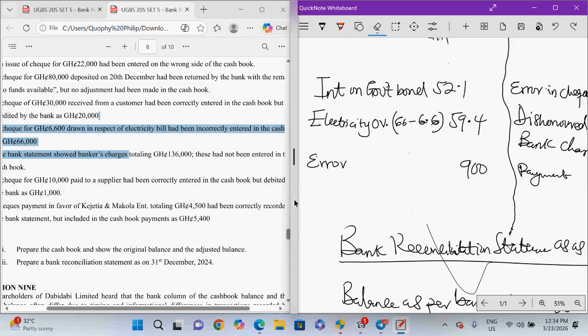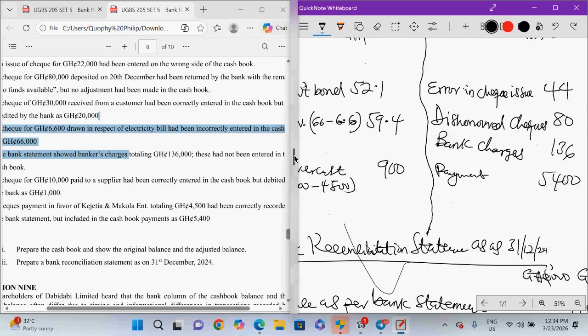Let me use error: payment overcast. Okay, payment overcast, of which is the 5,400 minus 4,500. So that's 900. So indirectly 900 will cancel this and we'll be left with 4,500, right? So I think that is all for this question.